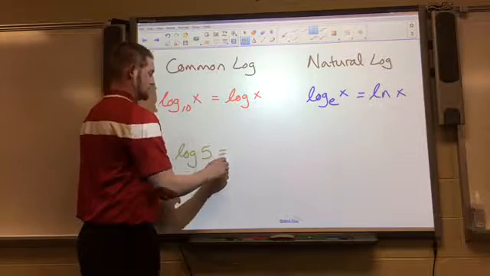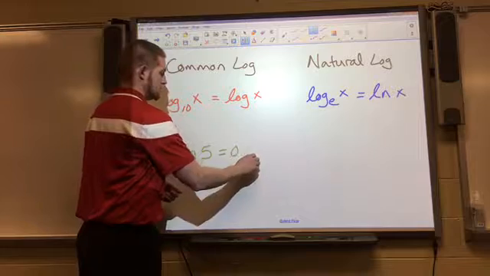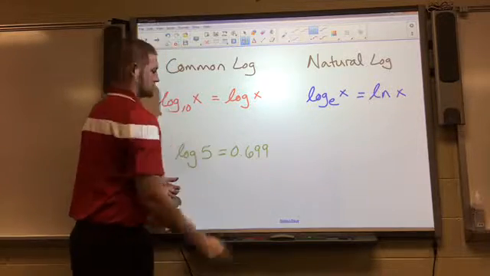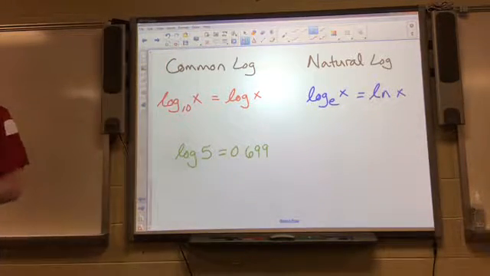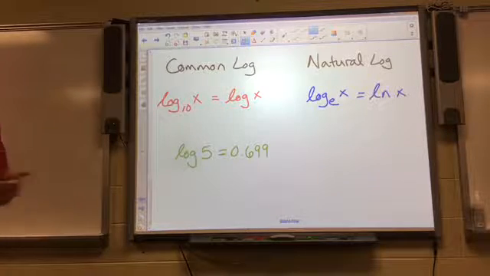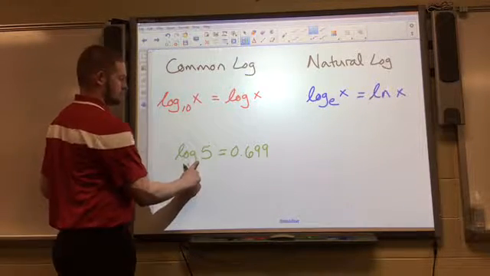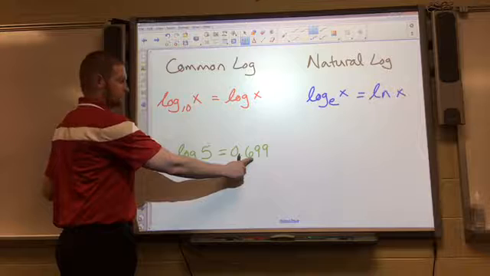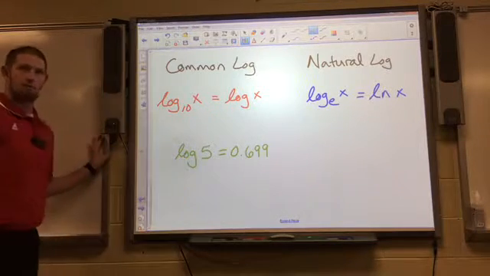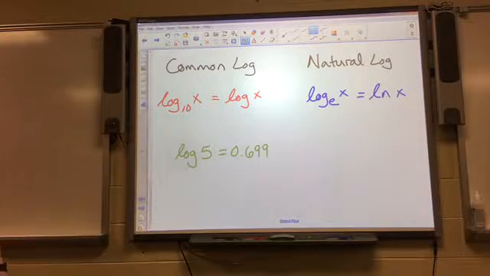Yeah. Okay, so the log base 10 of 5 is 0.699, meaning that 10 to the 0.699 power gives me 5. It'd be 699 thousandths.